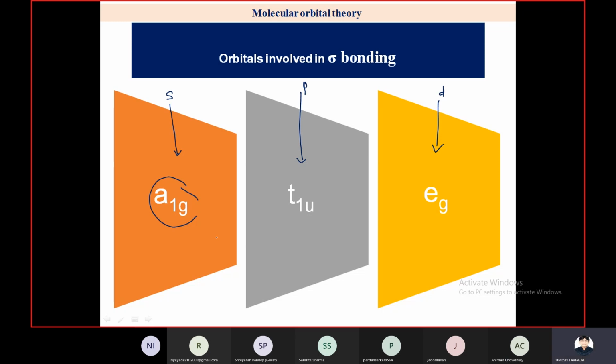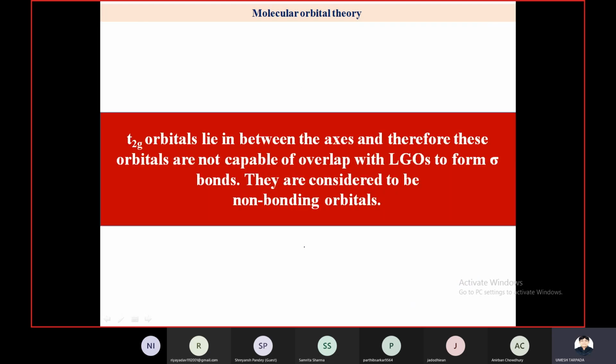So you have 1 plus 3 plus 2, that is 6 orbitals available for sigma bonding, and the rest of the 3 may form pi bonds. The T2G orbitals lie in between the axes, so they are not capable of overlapping with the ligand group orbital to form a sigma bond, and they are considered non-bonding orbitals. So when we draw the molecular orbital diagram, we keep the T2G orbitals non-bonding. They cannot form a molecular orbital.